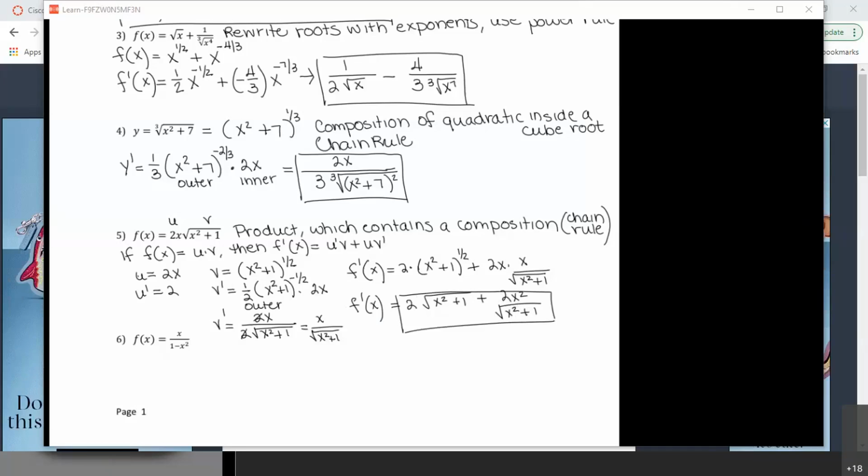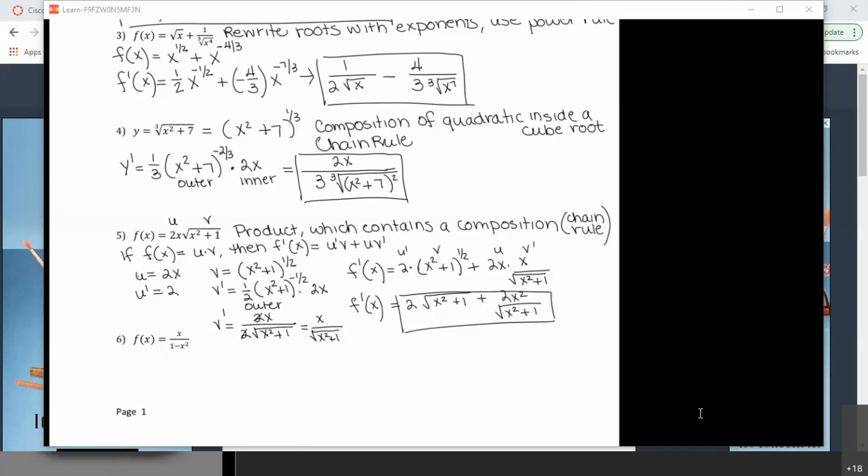The important thing to realize is you did a chain rule here, and that showed up as part of the product rule here. So again, u prime v, u v prime, just so you can see the pieces.